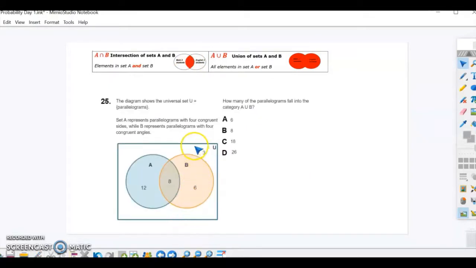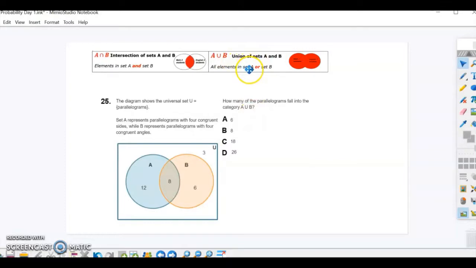All right, let's look at an actual Venn diagram, and this says this is a universal set of parallelograms. We've got 4 congruent sides, 4 congruent angles. It says how many parallelograms fall into this category. So A union B. What does that mean?